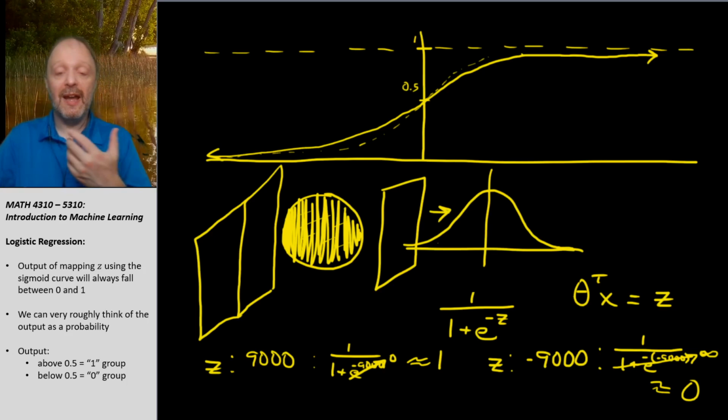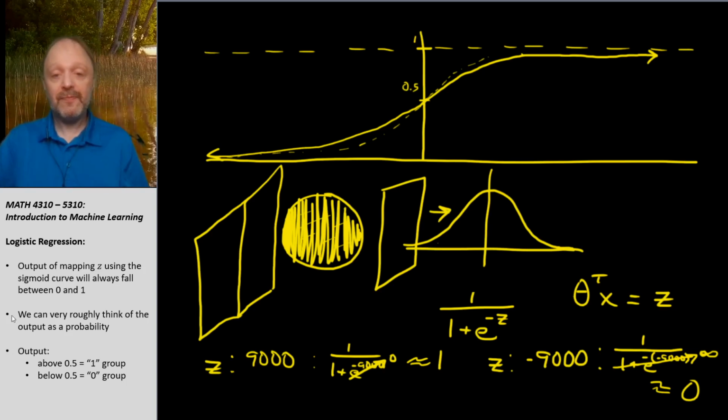So if our sigmoid function maps out a value that is greater than 0.5, we want it to map to group 1. It's more likely to be in group 1 than in group 0. If it is less than 0.5, we want it to map to group 0.